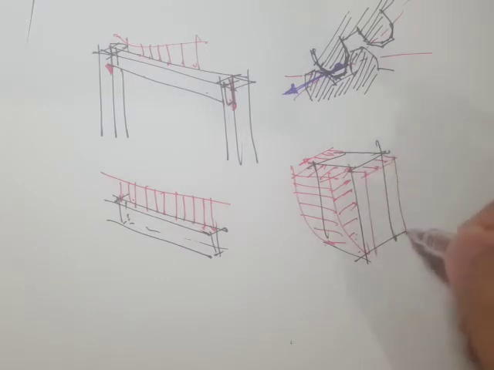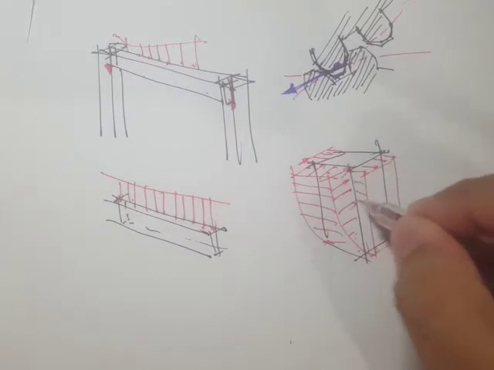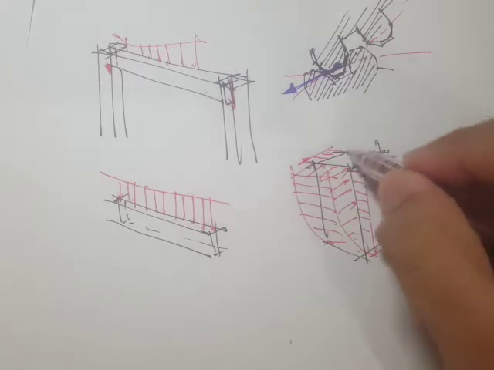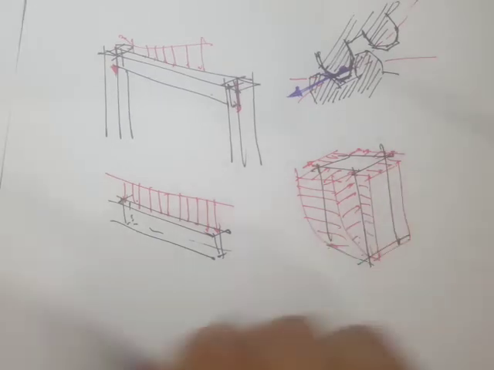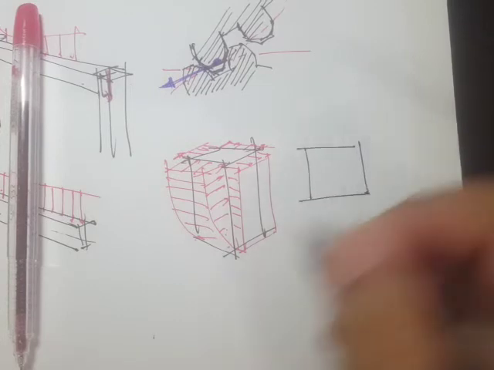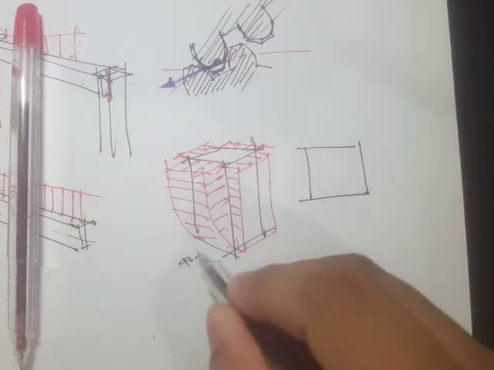So I'm drawing the force distribution from the wind. Although the wind is just acting on one side, if I draw this in top view, let's say this is the front.